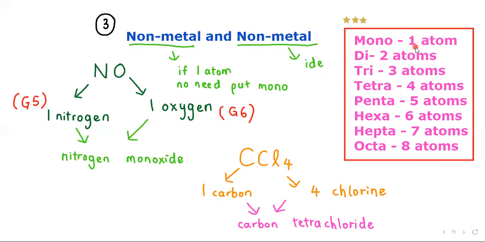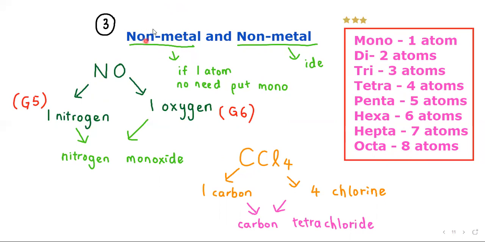When you have 1 atom, we use mono. 2 atoms, di. 3 atoms, tri. 4, tetra. 5, penta. 6, hexa. 7, hepta. And 8, octa.